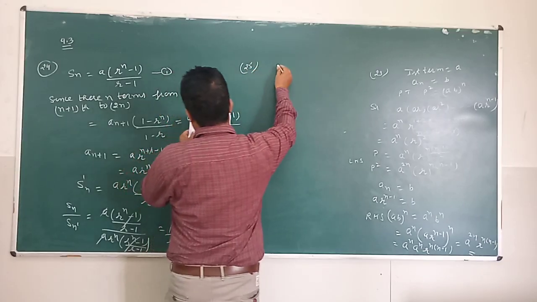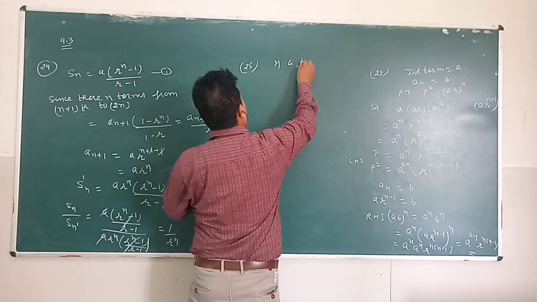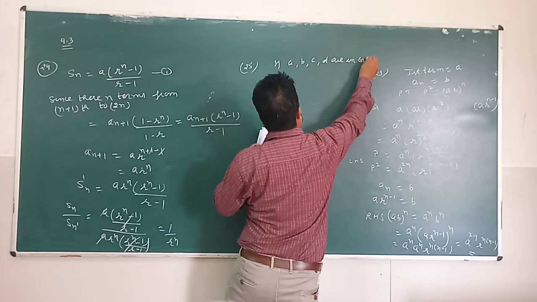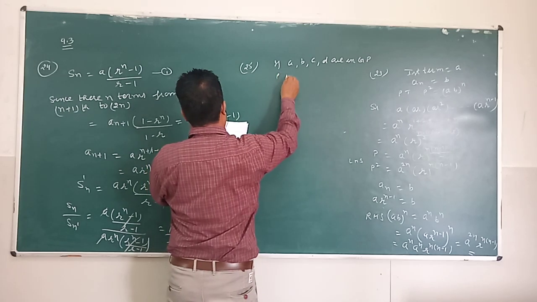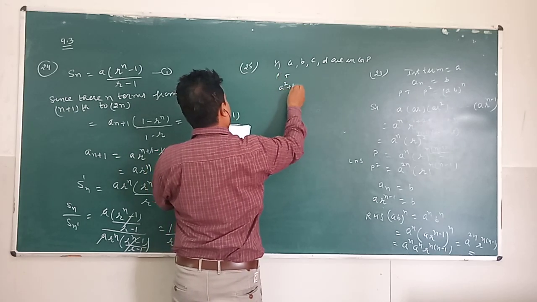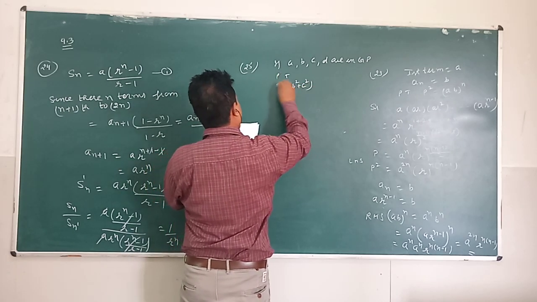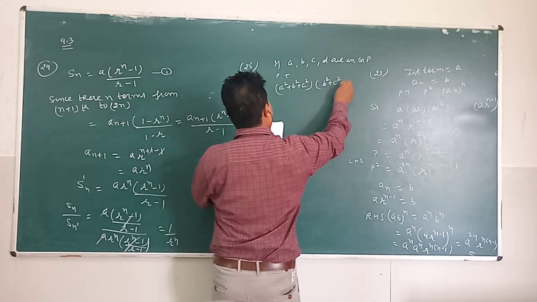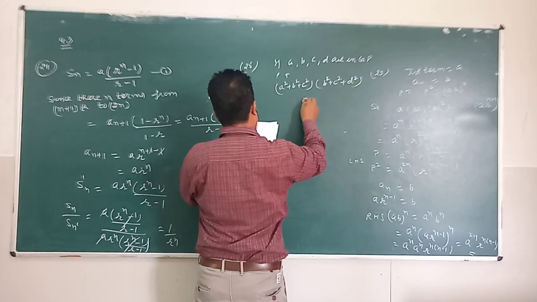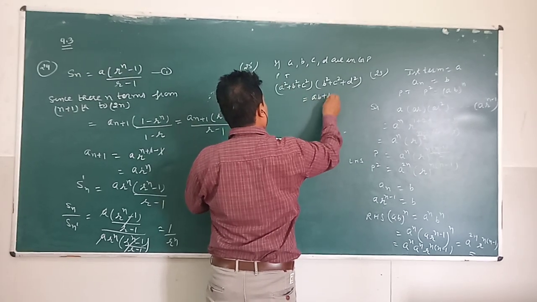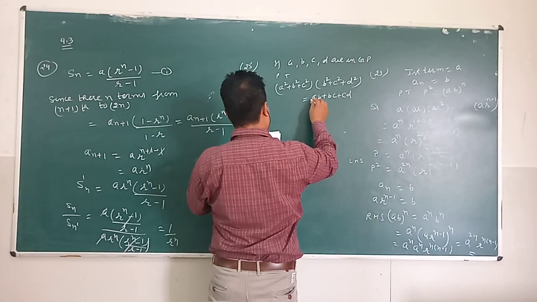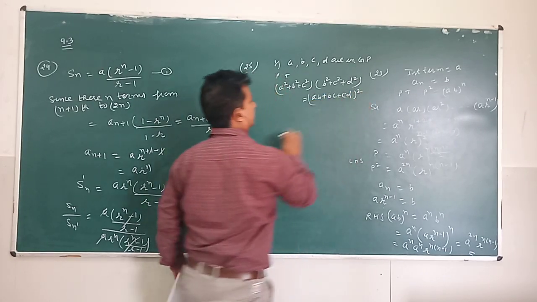In question 25, if a, b, c, d are in GP, then prove that (a² + b² + c²)(b² + c² + d²) equals (ab + bc + cd)².